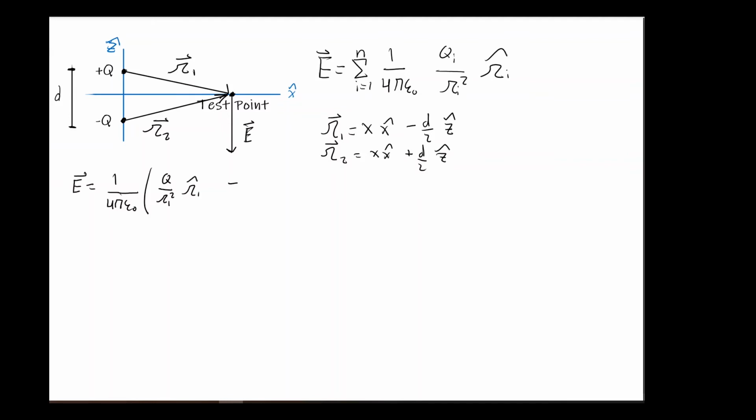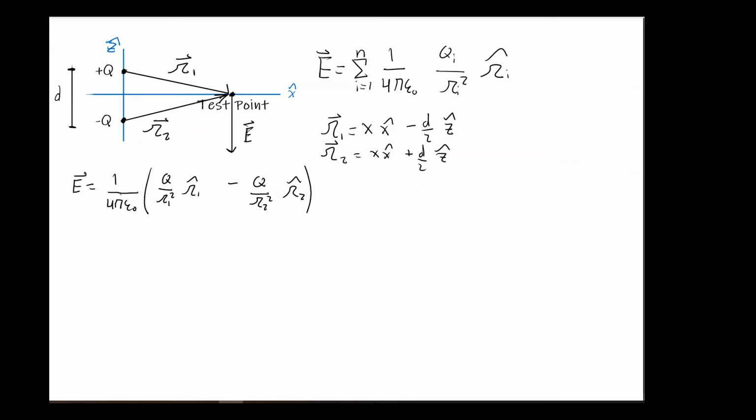Now the minus sign in here comes from the source charge being negative. Remember, this is a summation, so if we had two positive source charges, this would be a plus, but we have to take into account the sign of our source charge.